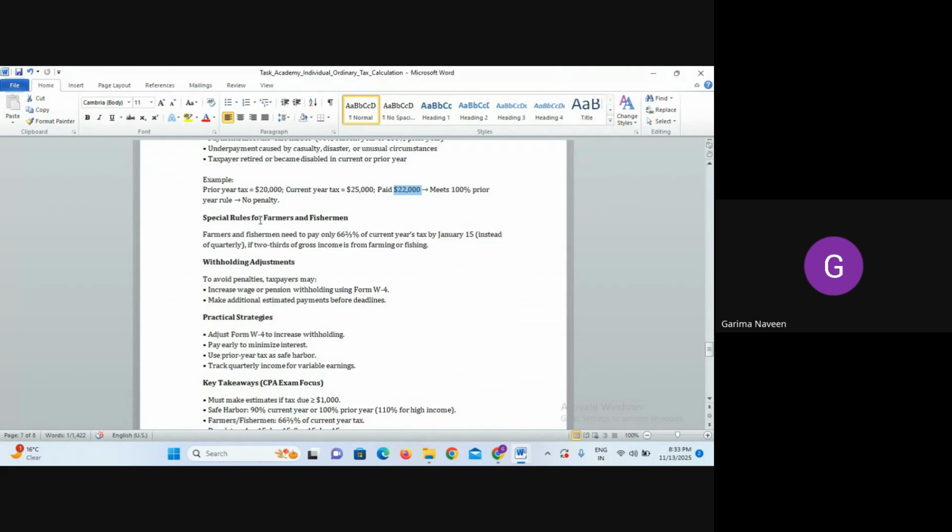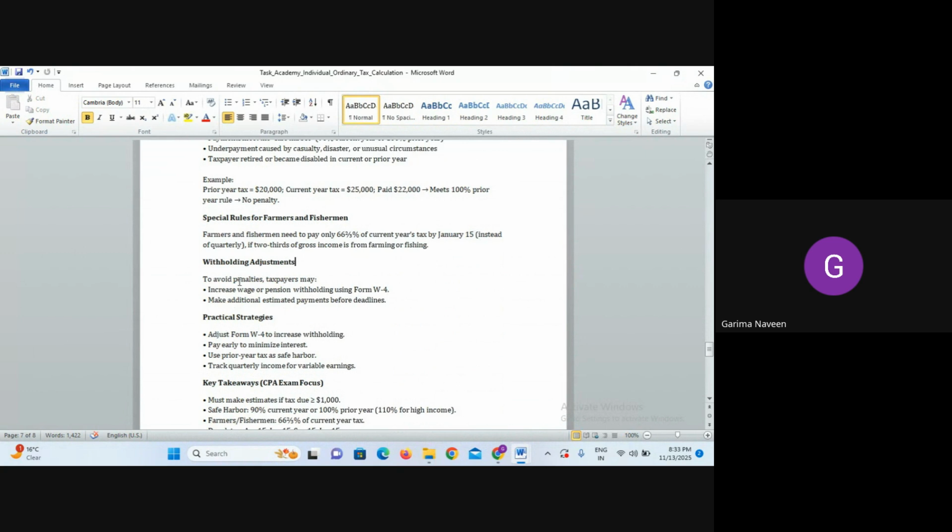So some special rules for farmers and fishermen: they need to pay only up to 66.6% of the current year's tax by January 15, if 2/3 of gross income is from farming or fishing.